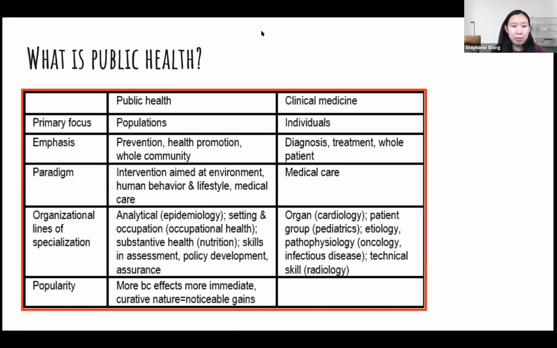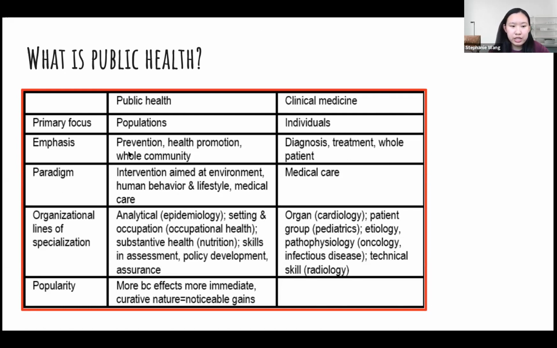Public health is important because we can use this knowledge to predict patterns in how future populations will fare in their health. We can also emphasize prevention, health promotion, and the entire community: how diseases are spread amongst a community, how we can implement programs to help prevent certain diseases in the community, and how we can overall improve the health of the entire community population through health promotion.